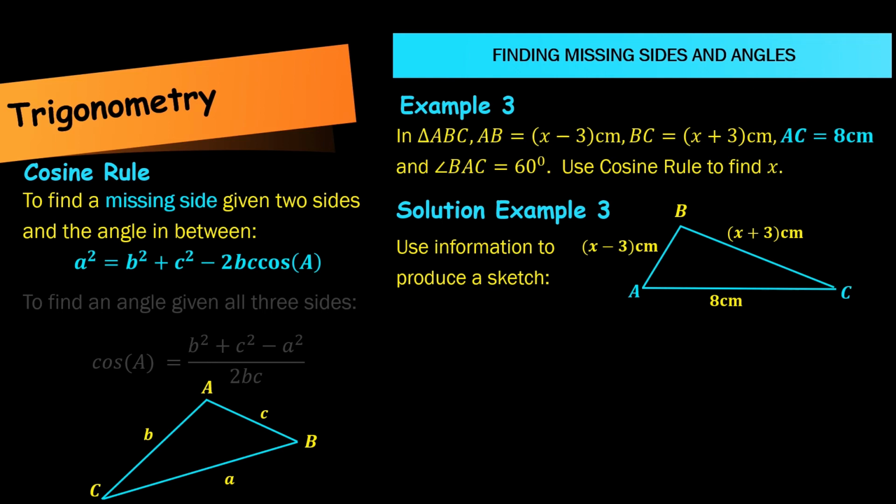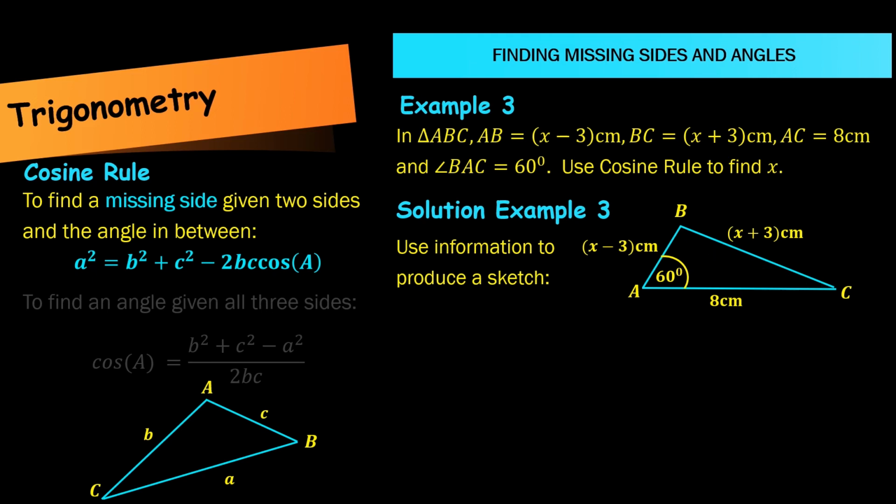We also have that angle BAC equals 60 degrees as shown. Now little a is the length of the side opposite the angle capital A. Little b is the length of the side opposite capital B, and likewise for little c.